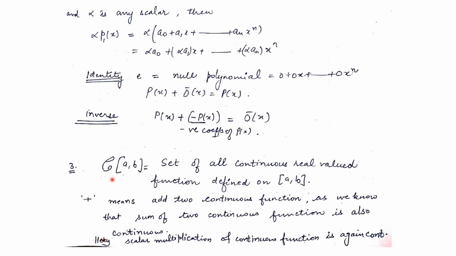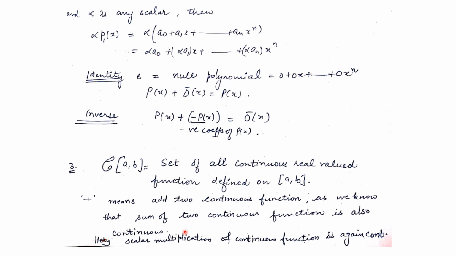Now the next is an example of all continuous real valued functions defined on the closed interval [a, b]. So this C symbol with this interval represents the set of all continuous real valued functions defined on the interval [a, b]. Addition means you have to add two continuous functions.